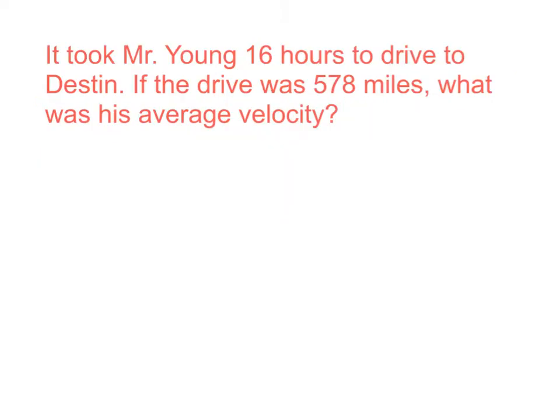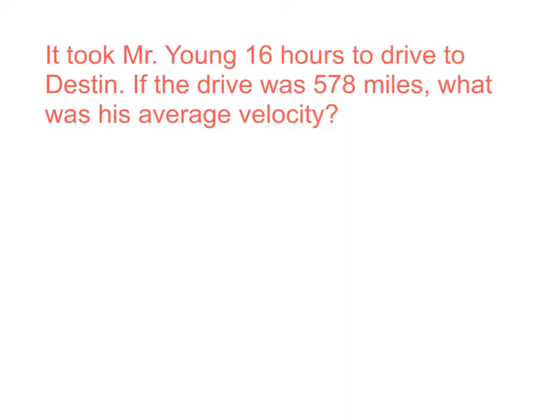Here's another typical example that you would answer in your everyday life. If it took me 16 hours to drive 578 miles to the beach, what was my average velocity? At some point during that trip, I was probably driving 75, 80 miles an hour. At some point, I was stopped to eat lunch, driving 0. I was sitting in traffic going 10 miles an hour.